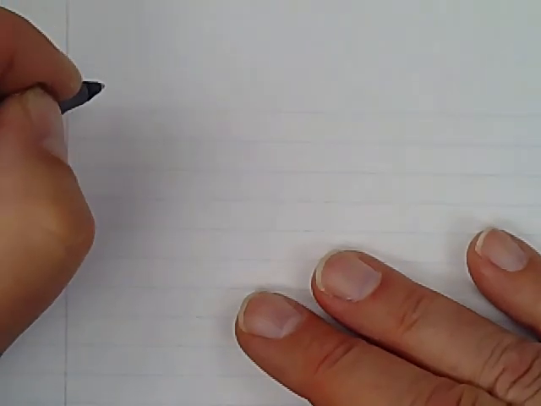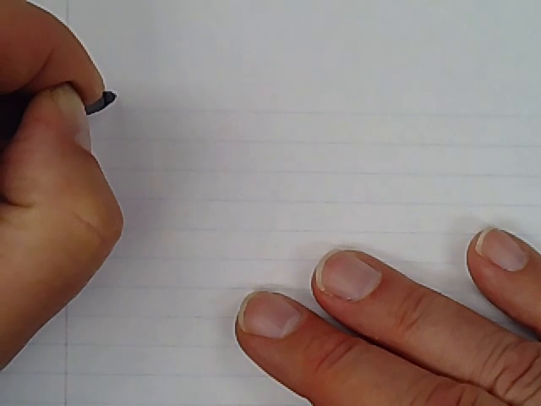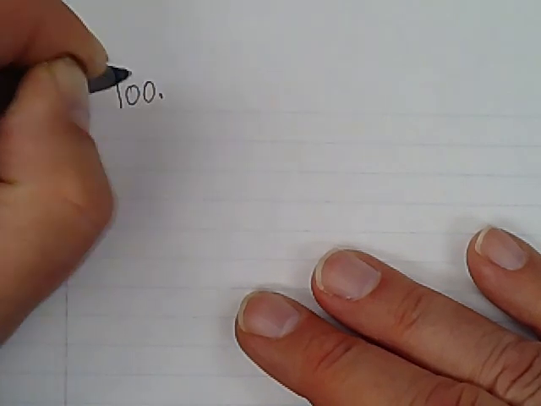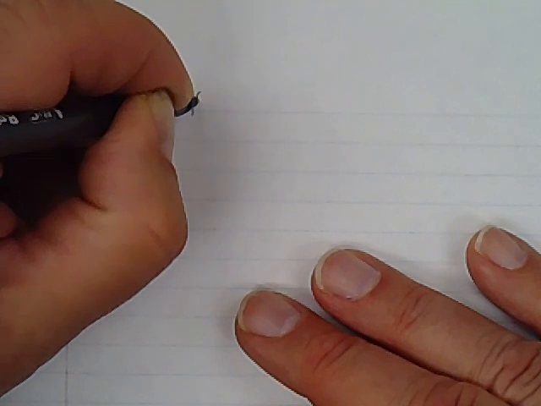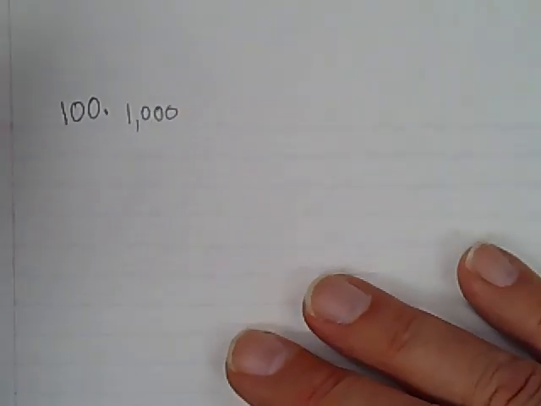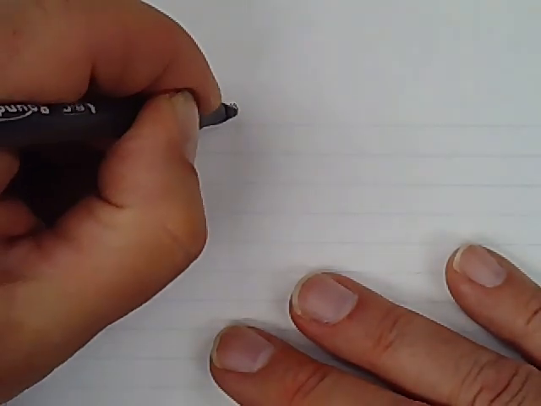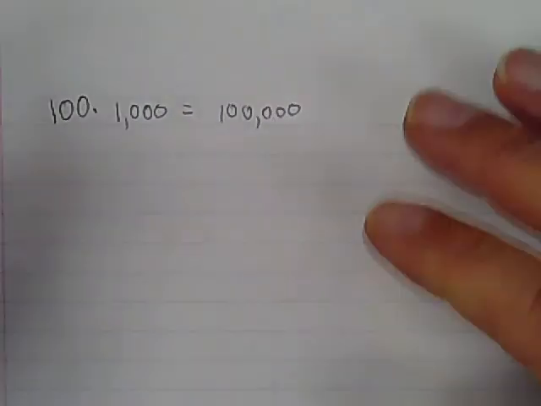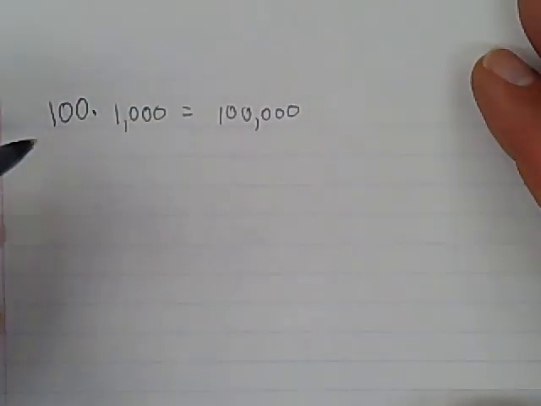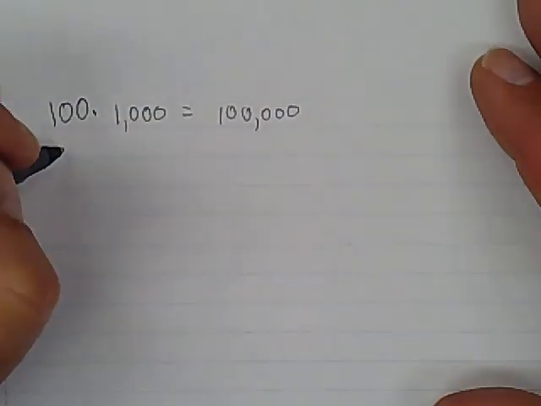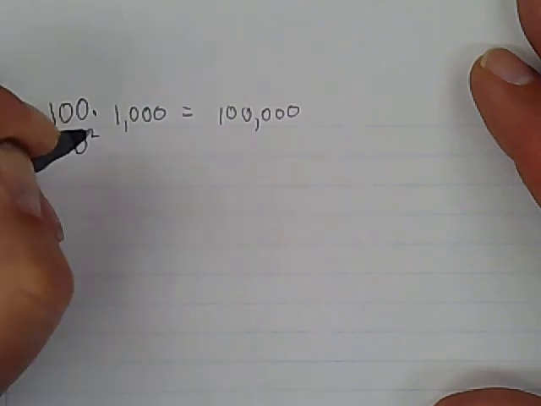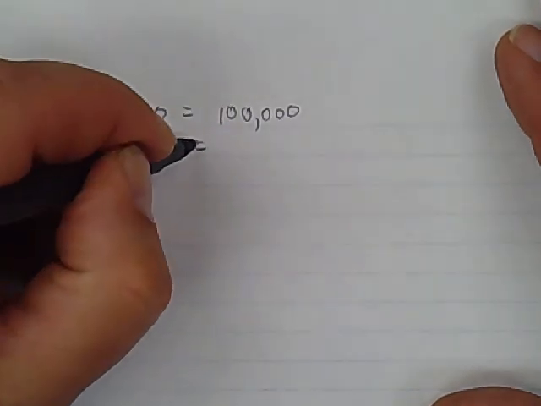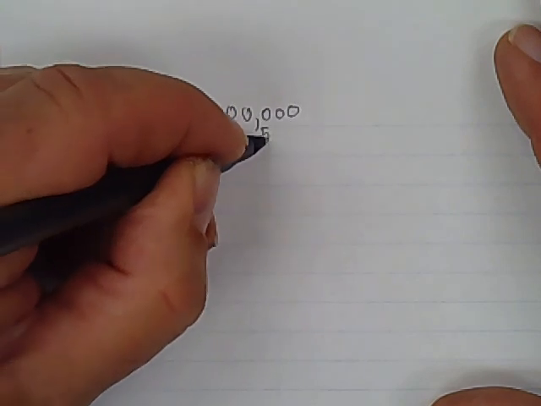So if I said I have 100 times 1,000, you would say, oh, that's easy. That is 100,000. Yes. So a property of logarithms is, well, this is 10 to the second power times 10 to the third power. And sure enough, this is 10 to the fifth power.